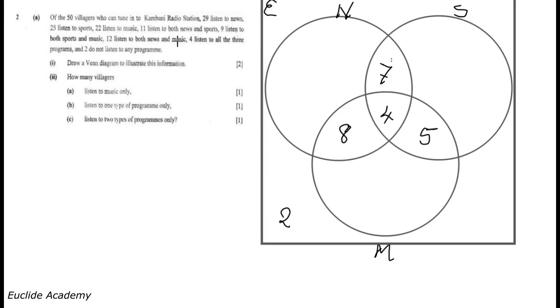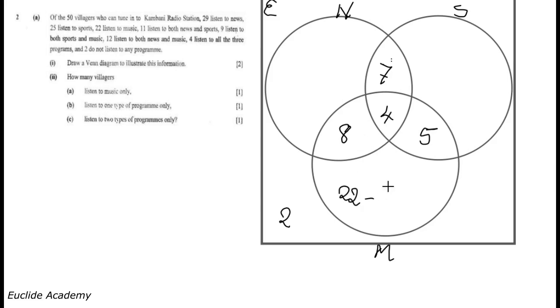So now we have got this here. We say 22 listen to music. The question says 22 listen to music, so those who listen to music are 22. Again, we don't put 22 here. That is wrong. Don't do that, because you'll be counting these people twice.